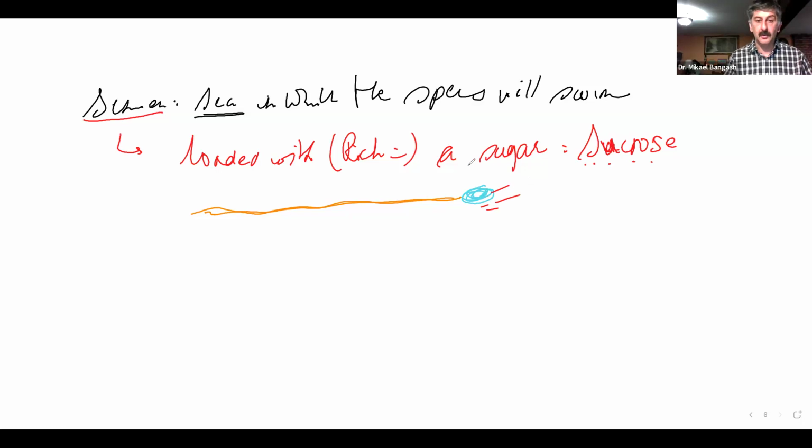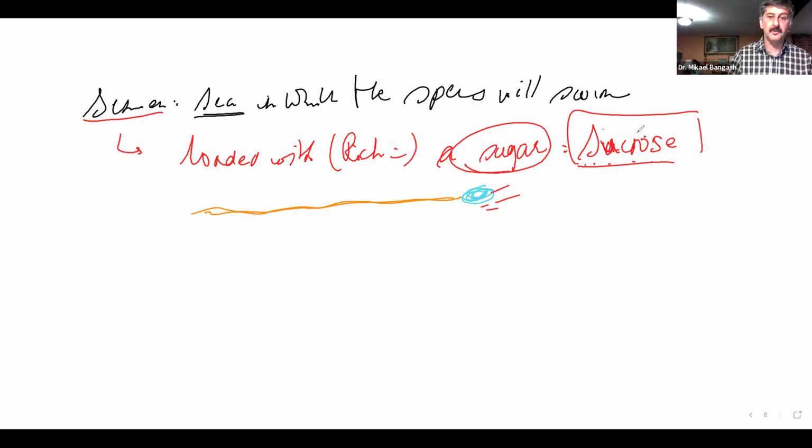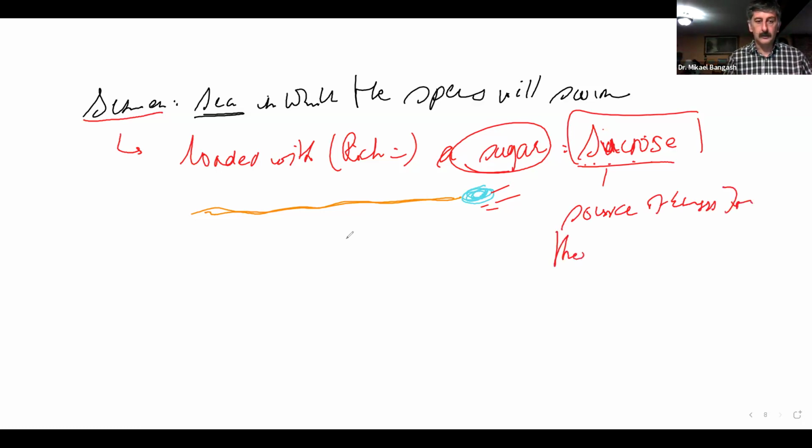And that energy is going to be derived from this sugar in the semen, which is sucrose. So the whole reason for the semen to be loaded with sucrose, or any sugar, is that it becomes the source of energy for the sperms.